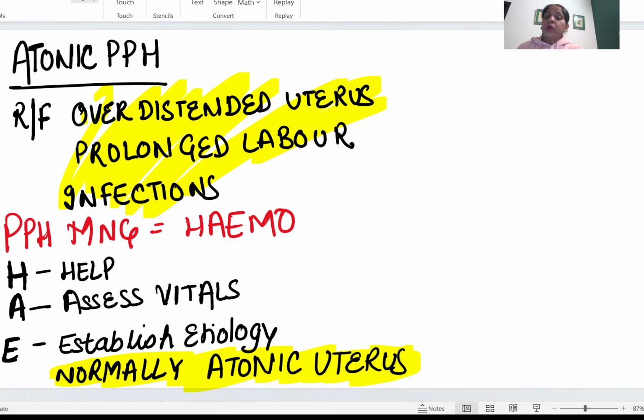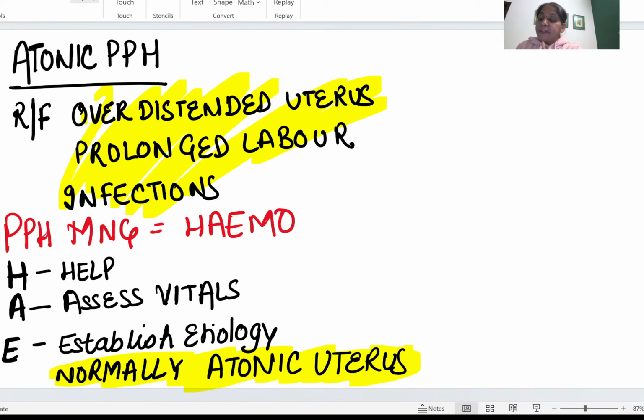Okay, we were talking about the risk factors, prolonged labor. In the case of prolonged labor, why is there PPH? Because in prolonged labor, there is saturation of the oxytocin receptors.